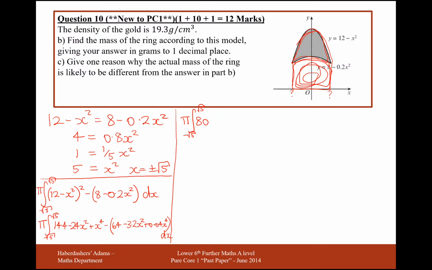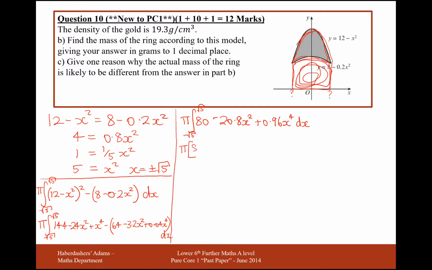So that's going to be minus 20.8x squared, and x to the power 4, take away 0.04x to the power 4, so that'll be plus 0.96x to the 4.